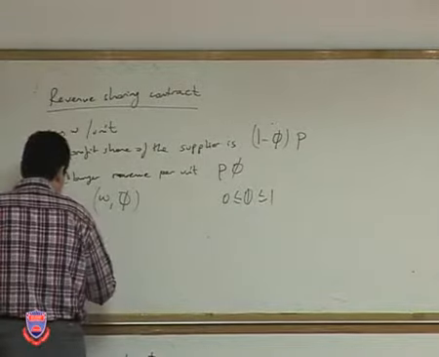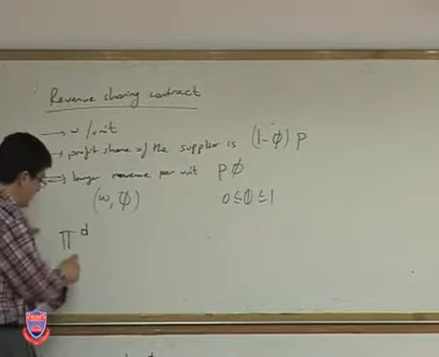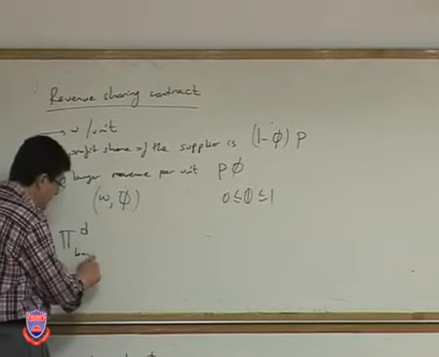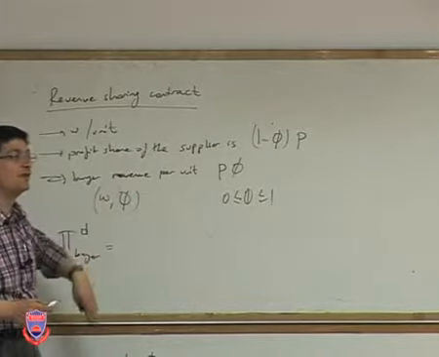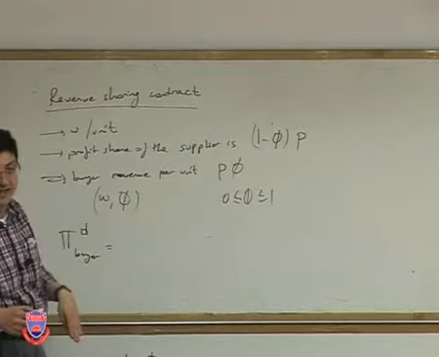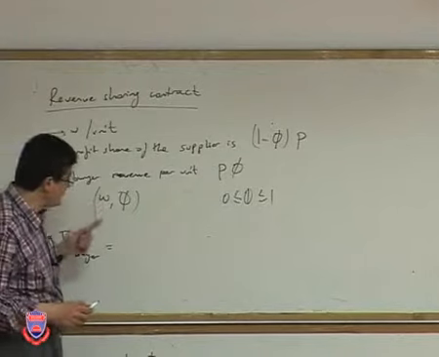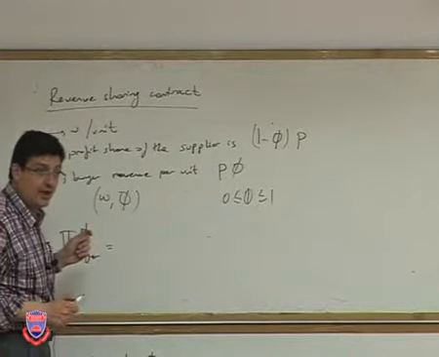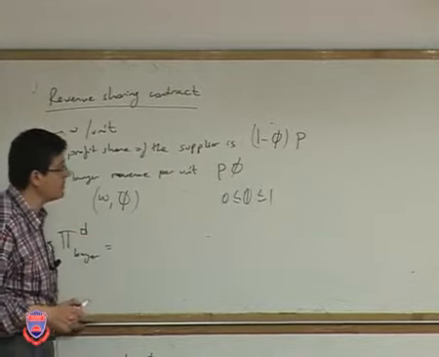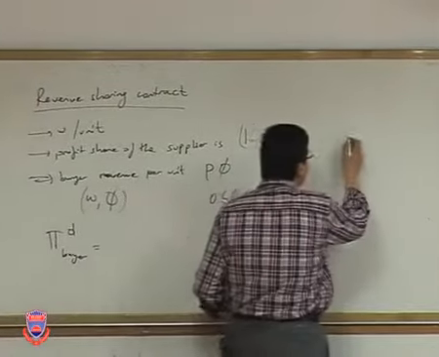I need to write the decentralized expected profit for the buyer and then compare it with the expected profit of the centralized system. Now in this case, what would be the cost of underage plus cost of overage? So let's write everything here.